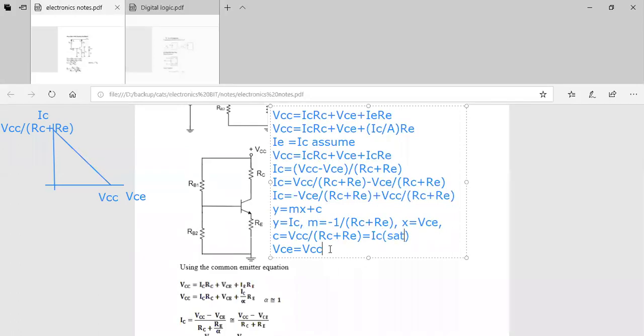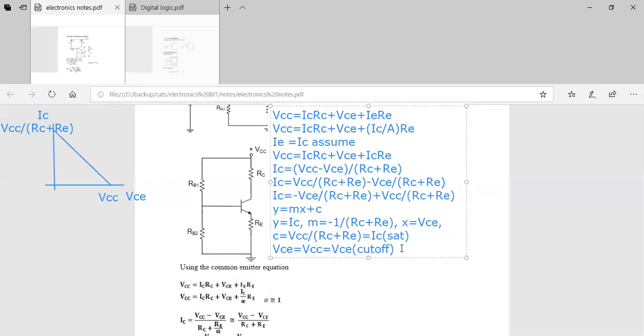And this one is called VC cutoff. Those two intercepts, that's how we call them.